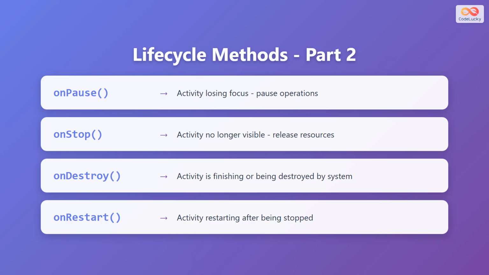This is a good place to release resources that aren't needed when the activity isn't visible. Then there's onDestroy. This is called when the activity is finishing or being destroyed by the system. It's your last chance to clean up resources. Finally, onRestart is called when a stopped activity is about to be restarted. This happens when the user navigates back to a previously stopped activity.